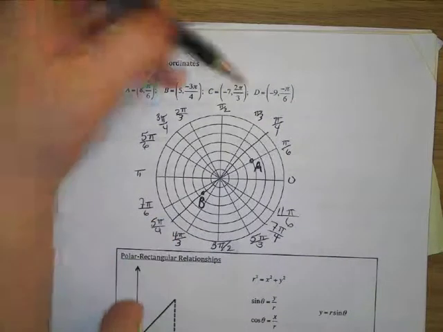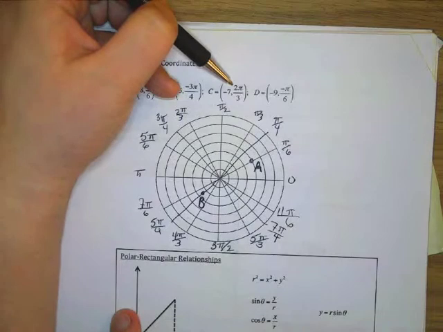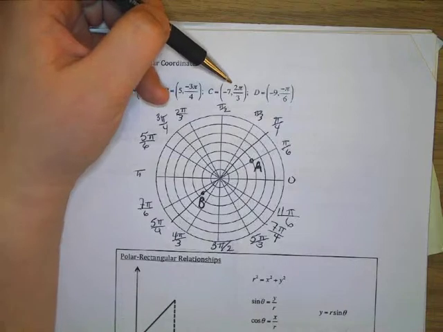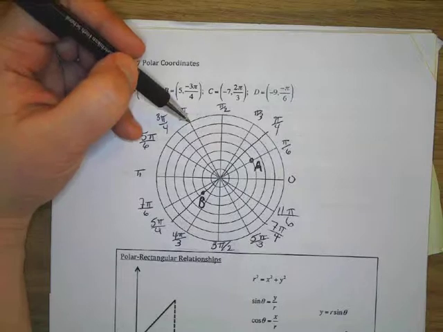And then for C, where do we need to go? Where do we go first? Find what angle? 2 pi over 3, so find your 2 pi over 3 line.